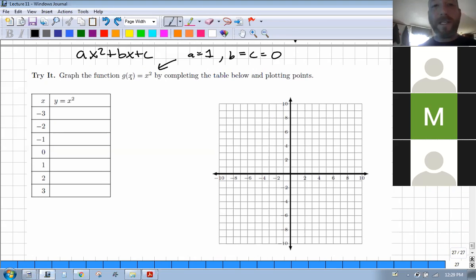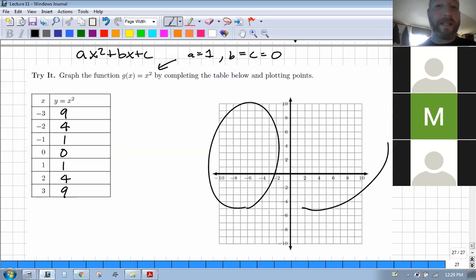So all we're doing is taking the input and squaring it. So negative 3 squared is 9, negative 2 squared is 4, negative 1 squared is 1, 0 squared is 0, 1 squared is 1, 2 squared is 4, 3 squared is 9. Notice these are the same numbers. That means the graph on this side is going to look exactly the same as the graph on the right side.